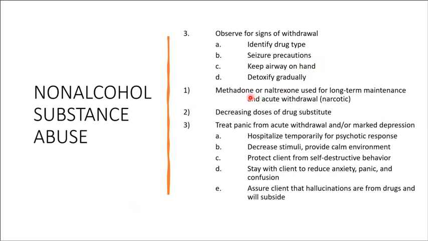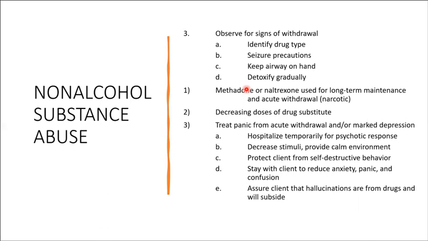Okay, so we can use methadone or naltrexone for long-term maintenance and acute withdrawal, especially for your narcotics. Remember, methadone is a synthetic opioid primarily used in the detoxification and maintenance of patients who are dependent on opiates, particularly heroin.